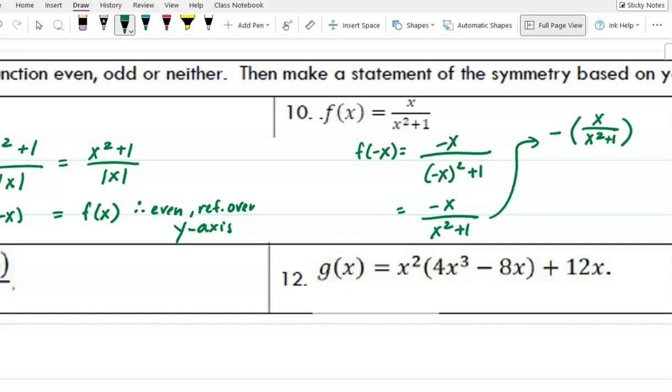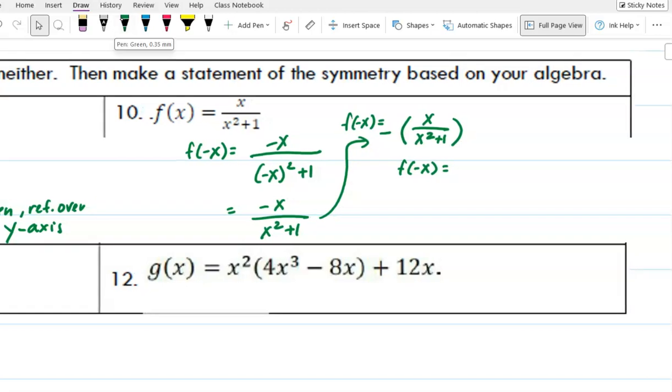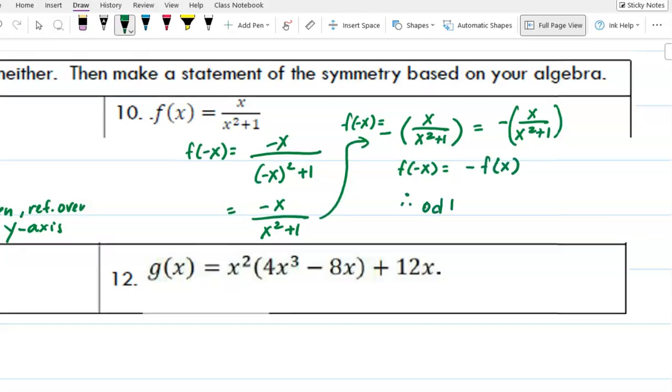So what you see is that f of negative x equals the original function with a negative factored out. Therefore, we know this is odd, and there is a rotational symmetry.